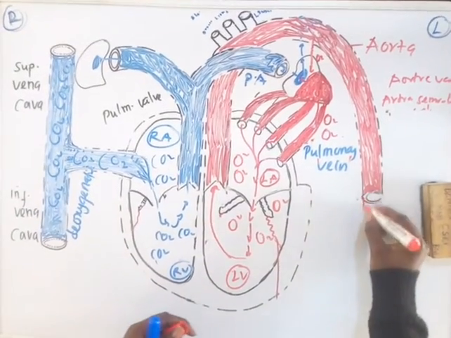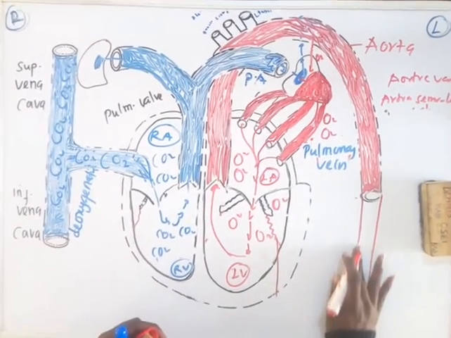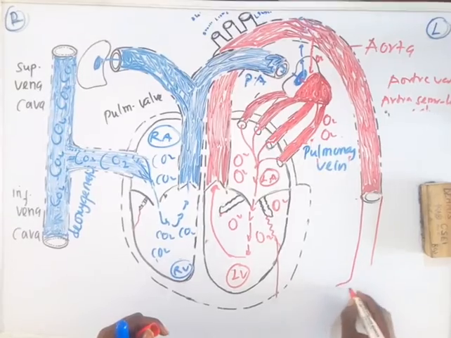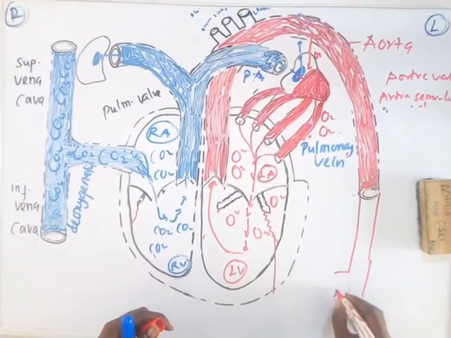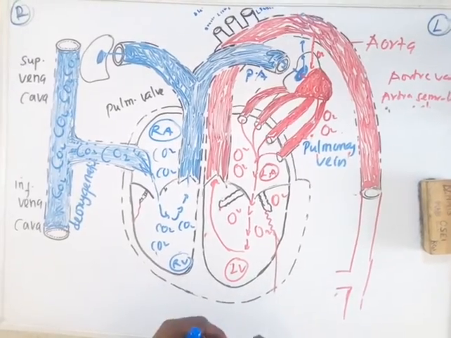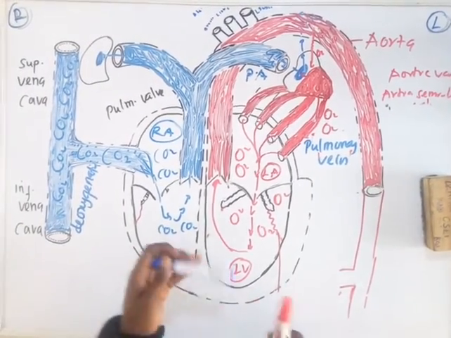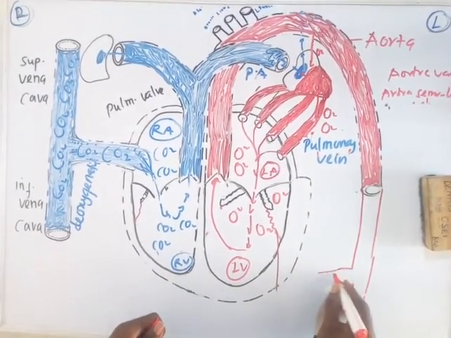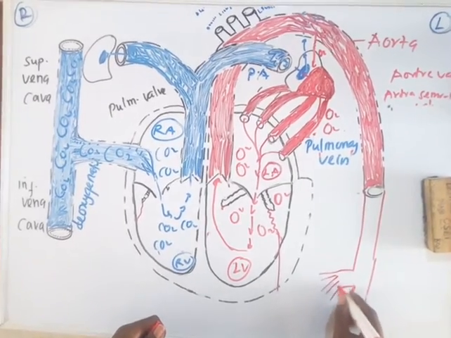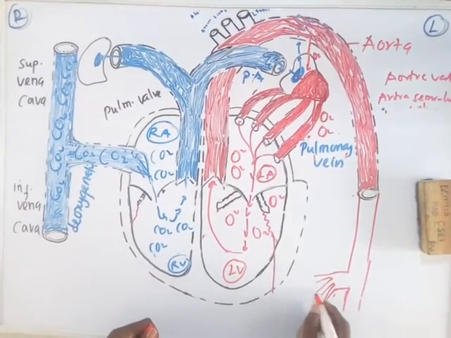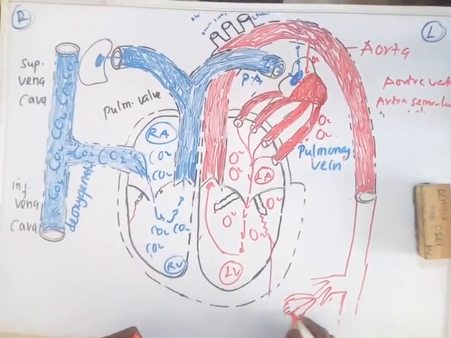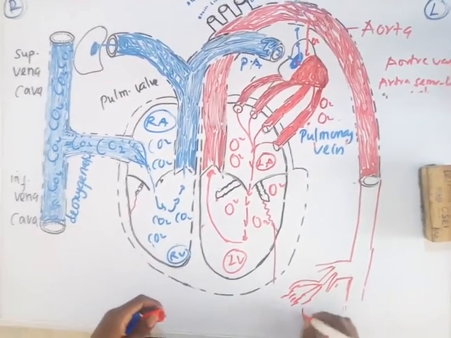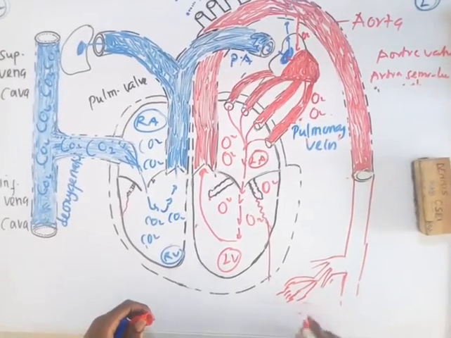So this is the aorta, the biggest vessel. It branches into medium size, and then going to small size, it breaks again. The small size are arterioles for the arteries.